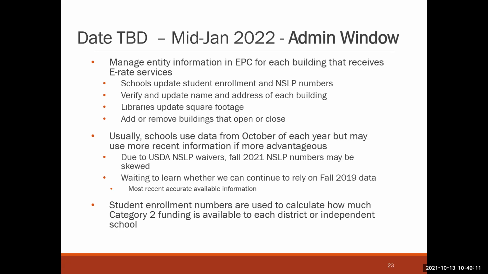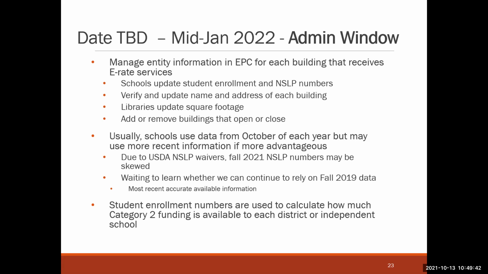In the last 2 years, though, since COVID occurred and USDA has waived the NSLP rules so that all schools can serve free lunches to all students and get reimbursed, what we found is that the October numbers for 2020 really weren't accurate. They may have undercounted either enrolled students or NSLP students.